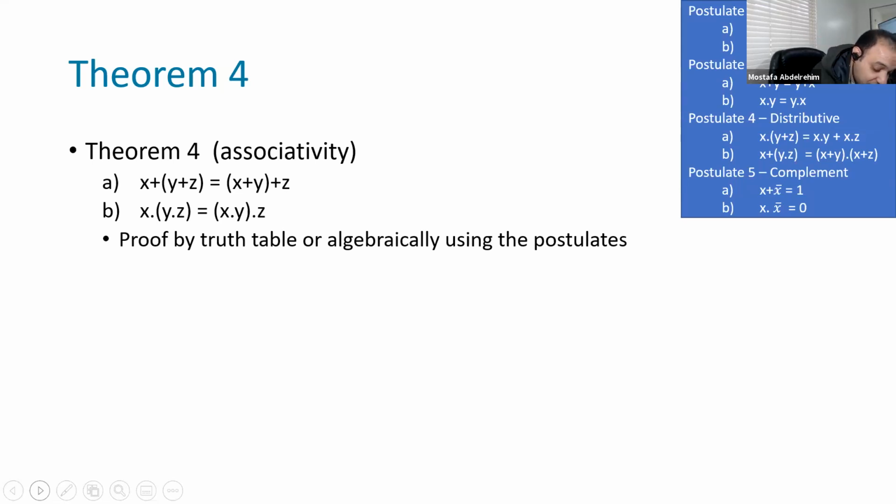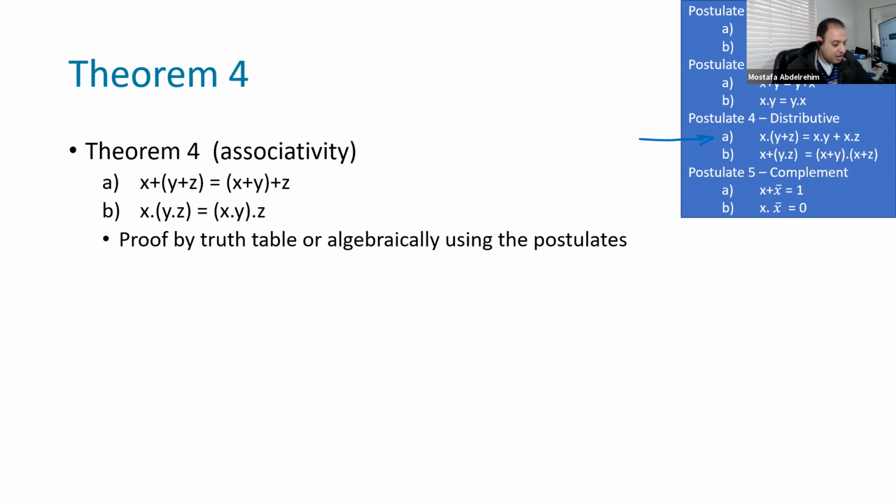We did something very similar last time in lecture 1A, the first part of this lecture, which is this one, postulate 4A and 4B. Okay, that's distributive. We did something very similar to it.